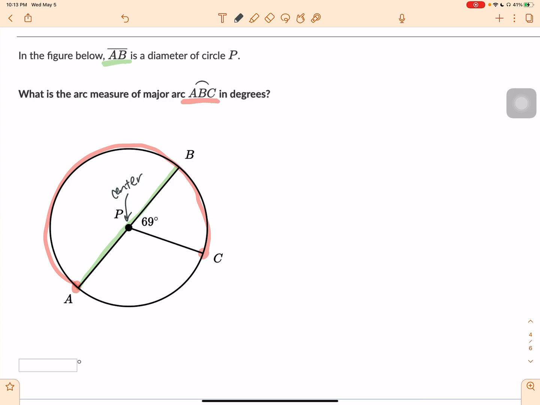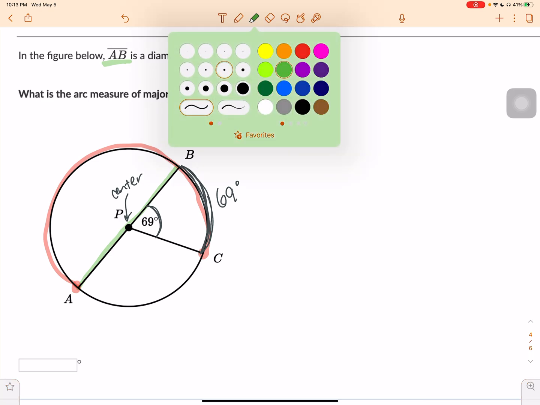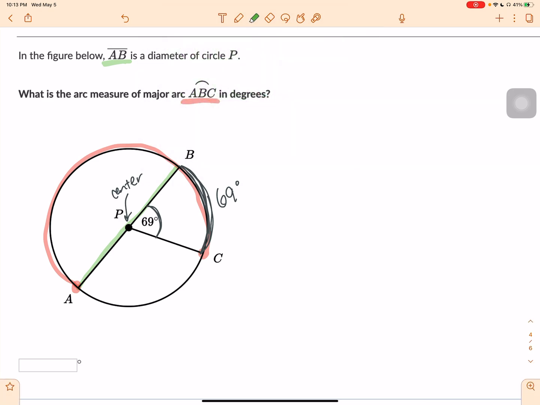We know that if this is the central angle here, then this arc right here, BC, is also 69 degrees. Okay? And then here I have a diameter, and a diameter is a straight line through the circle. So this AB arc is 180 degrees.